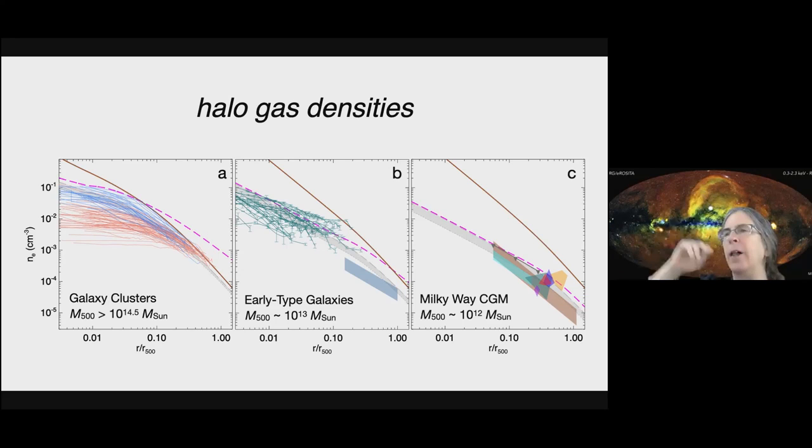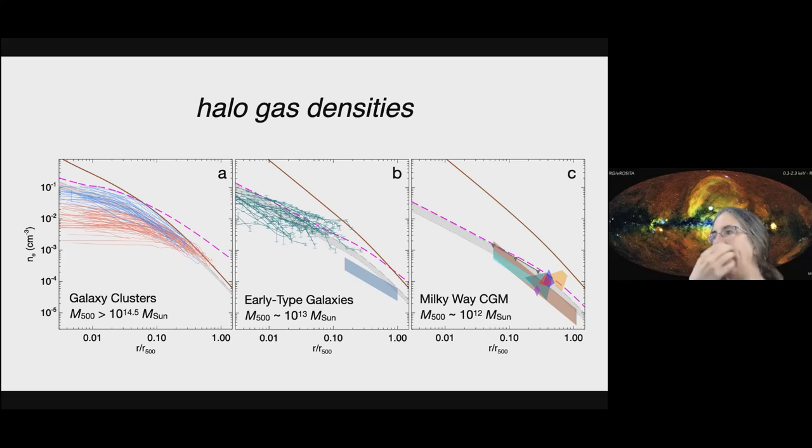And as you move to lower mass systems, the cosmology limit is less relevant, and feedback is more and more important in determining the density profiles, and therefore the luminosity, how easy it would be to see these things in emission as you go to lower and lower scales, all the way down to the Milky Way.